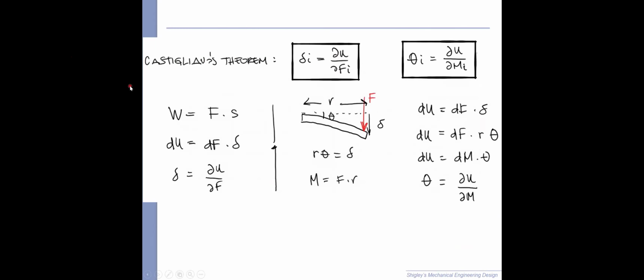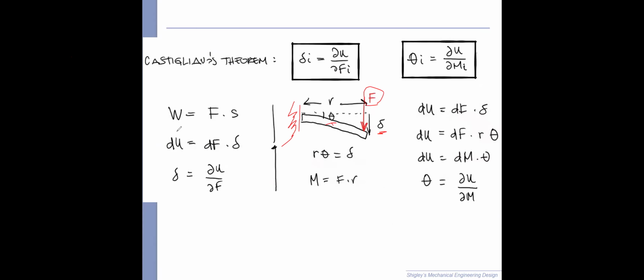Okay, so let's just recap it a little bit. For Castigliano's theory, suppose we have the cantilever beam here, and we apply a force F. There's a deflection delta.